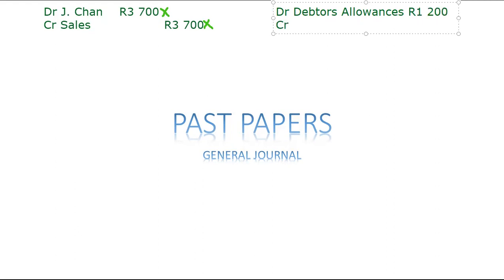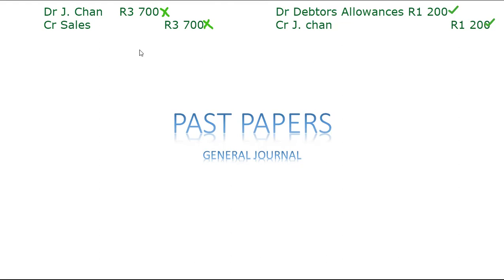And then credit J. Chen by the same amount, which is 1,200. This is me correcting that error. So now everything is at 0. You will notice that everything is at 0 here.